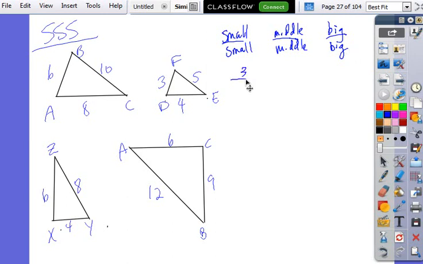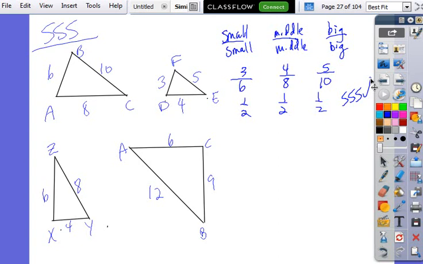And I'm going to put that over the small number in the first triangle, and that simplifies down to 1/2. Then I'm going to go to my middle number. What's the middle number in the second triangle? 4. And that's going to go over 8 in the first one. That simplifies to 1/2. Go to the big number, which is 5, over the big number, which is 10. If all three fractions are the same, then side, side, side works.